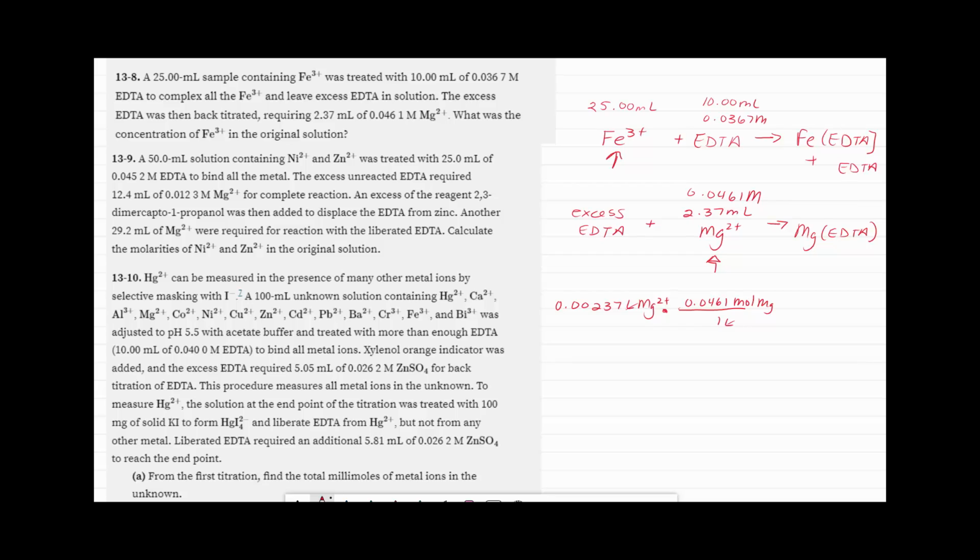So now I have moles of magnesium. I need to convert that into moles of EDTA. Well, it's 1 mole magnesium for 1 mole EDTA. And I get 1.09257 times 10 to the negative 4. I'm giving you all of the digits in my calculator because we're not rounding yet. And this is moles of EDTA, but specifically this is the excess.